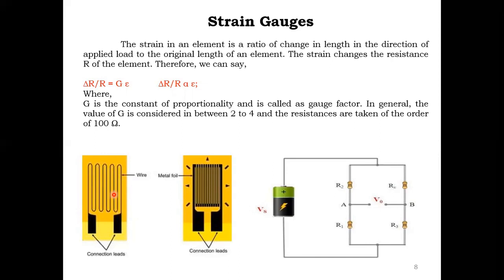This resistance and voltage variation is calculated by a bridge circuit, and using these values we can calculate the weight. Most washing machines use this to identify the weight of the total cloth, or the weight of some objects like that.